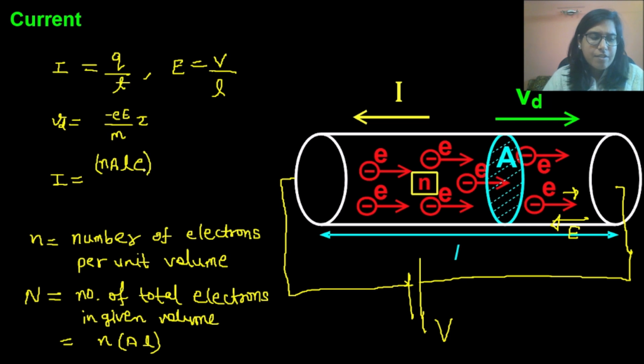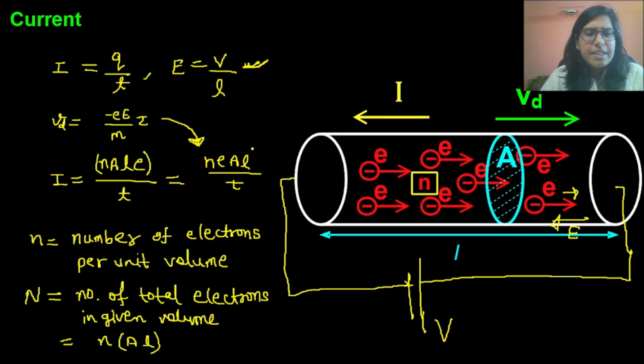If we calculate the total charge, this will be the total charge upon time. So this is neAL upon time, and this can be written like this: I equals ne into A, L by t is drift velocity.